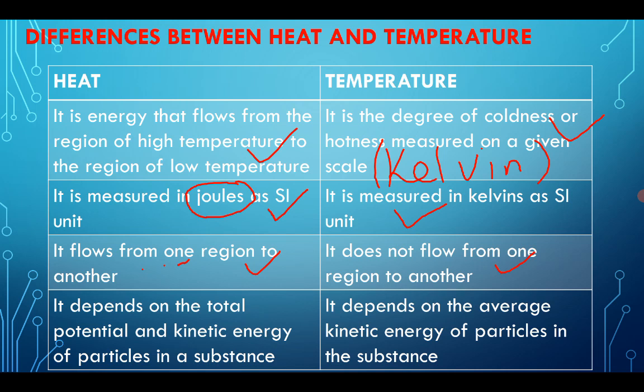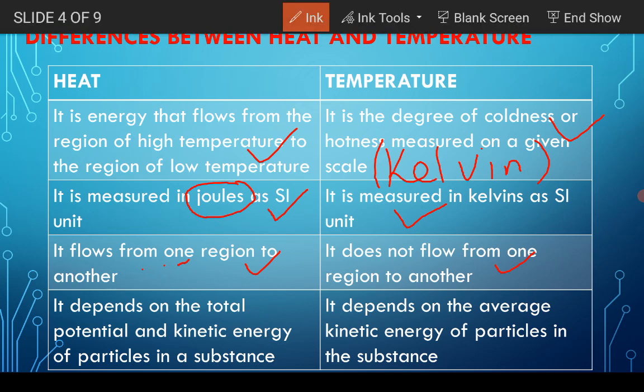You have two columns in which the column headings are the two concepts to be differentiated, and then you give contrasting statements, which are basically the differences between the two.